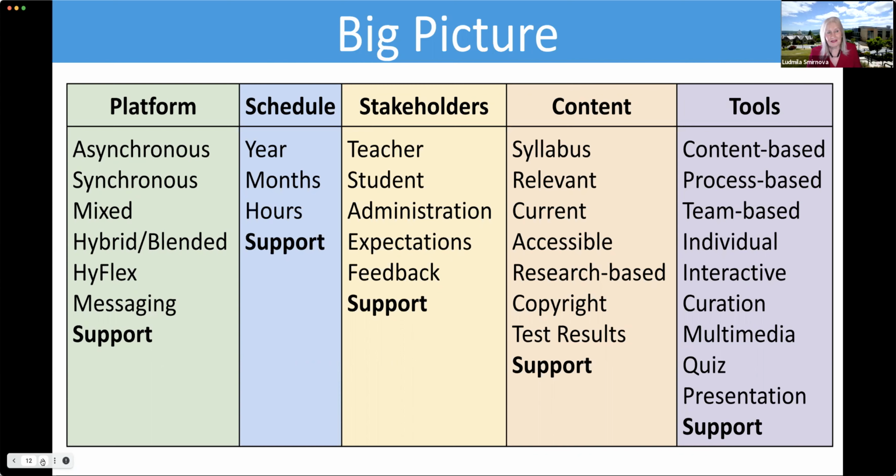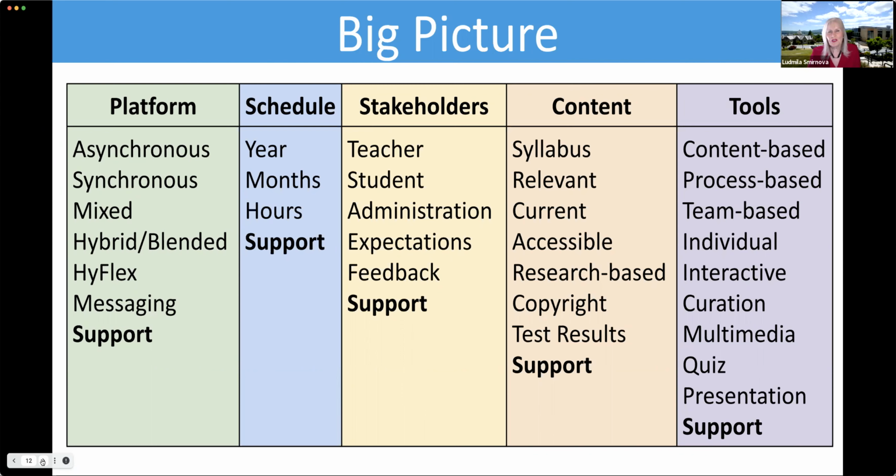This platform supports synchronous teaching, and how you can combine them for hybrid or blended learning, HyFlex, how you can use messaging, and is the support available in that? And when you design the schedule, how you design this, yearly or monthly, hourly, and again, is there support?